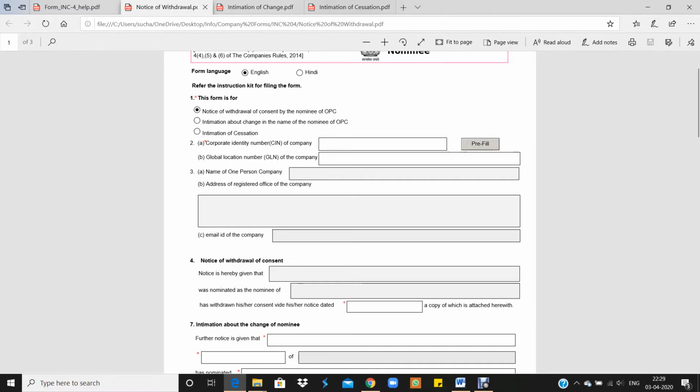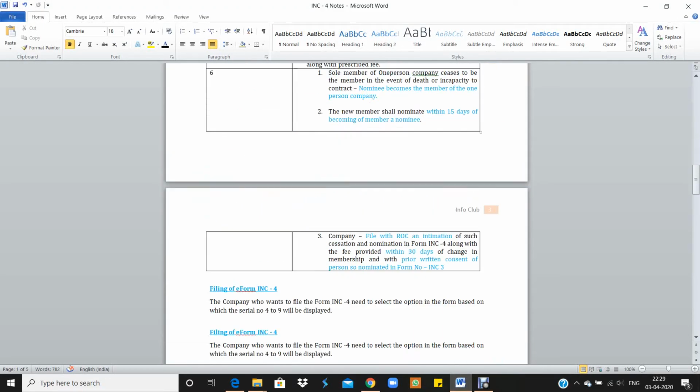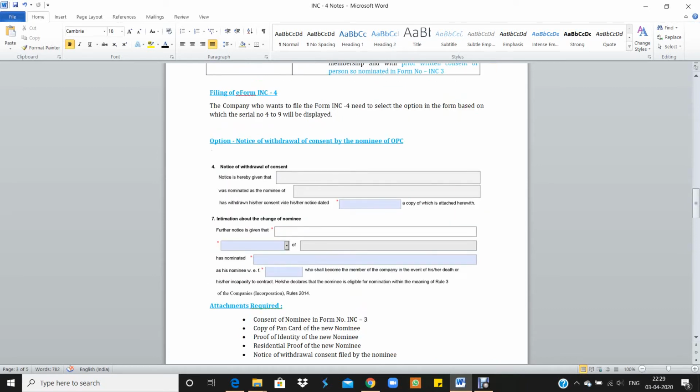If we select this option, what will happen before that? See, the company who wants to file the INC 4 needs to select the option in the form, based on which serial numbers 4 to 9 will be displayed.